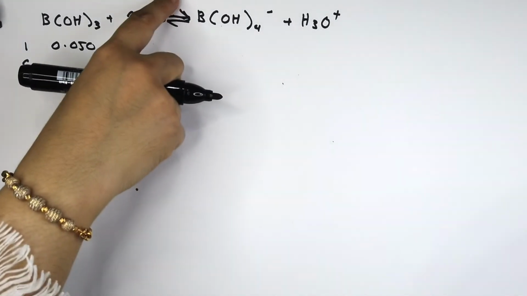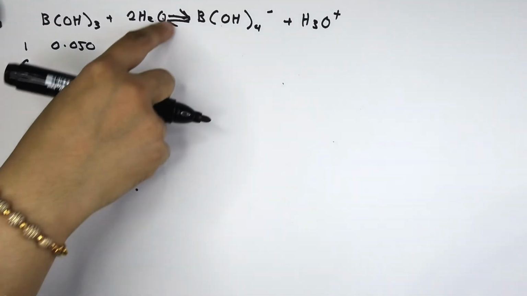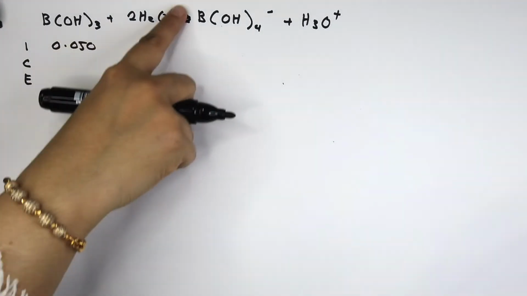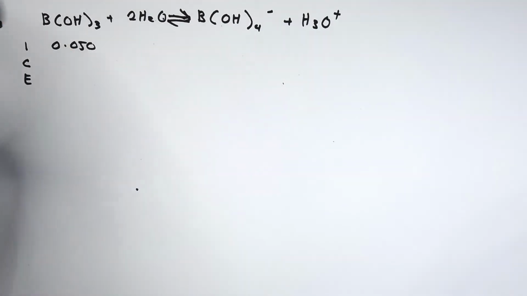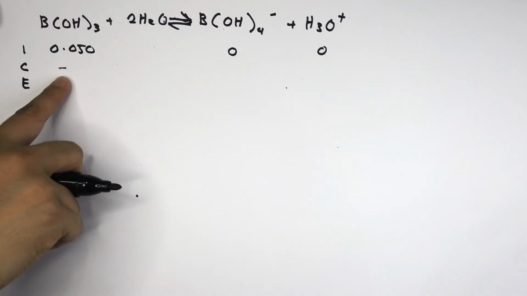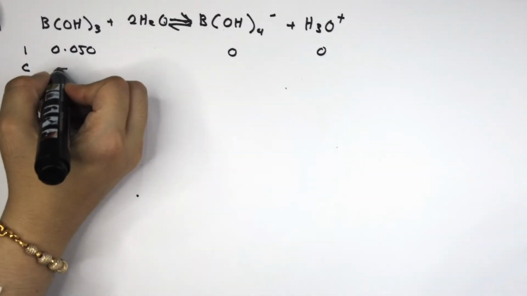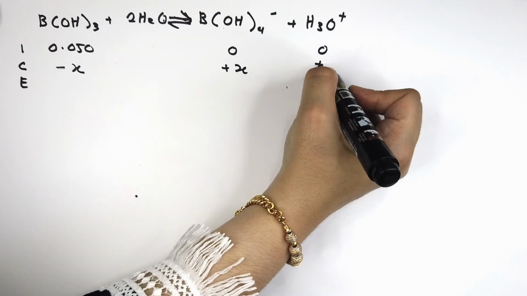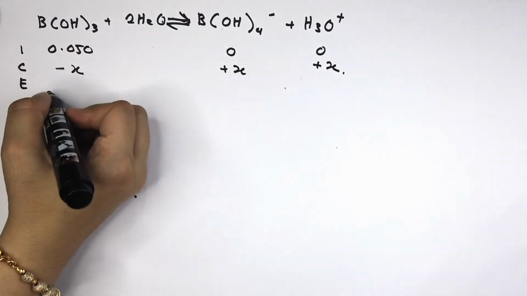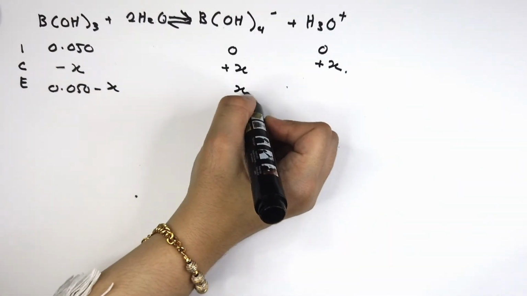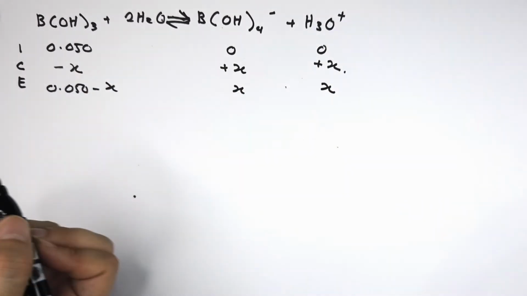Remember again, H2O doesn't play a role in the ICE diagram, so you can just ignore this, and there will be no product formed initially. So here we shall have negative X, positive X, positive X, and at equilibrium you should get 0.050 minus X. This one will be X and this one will be X as well.